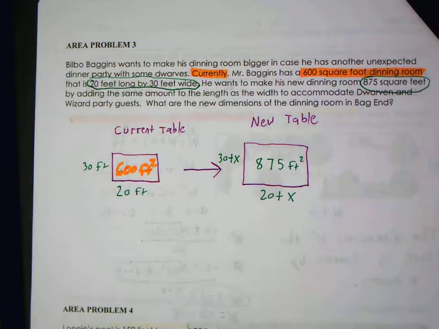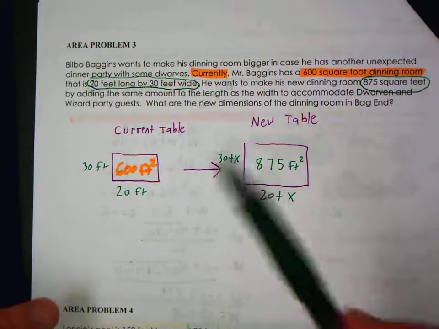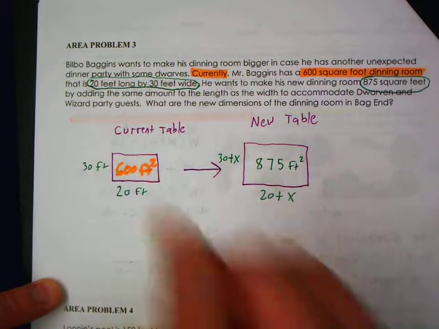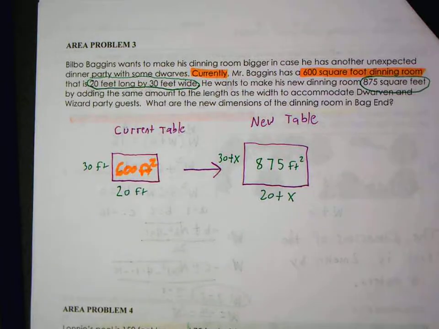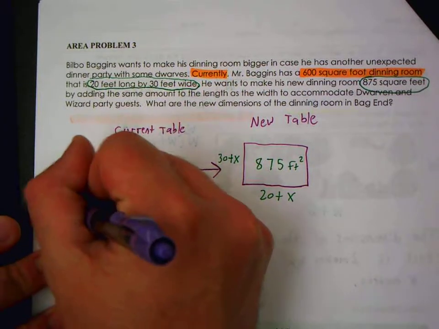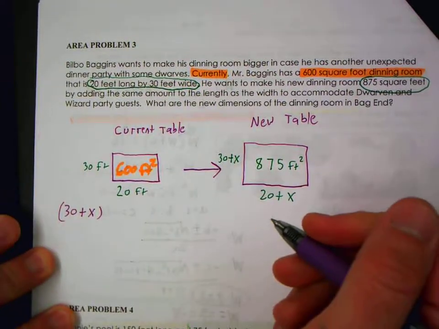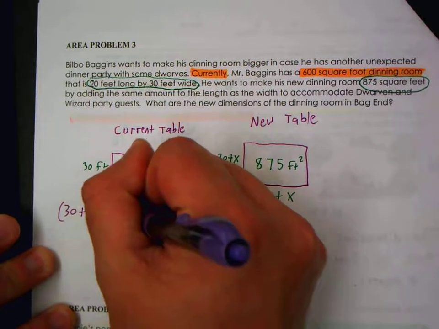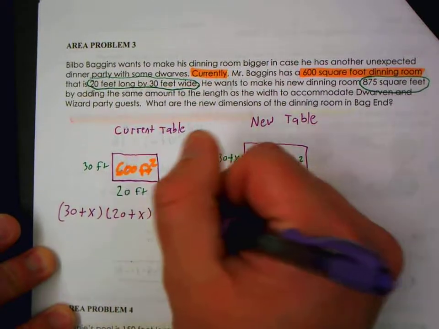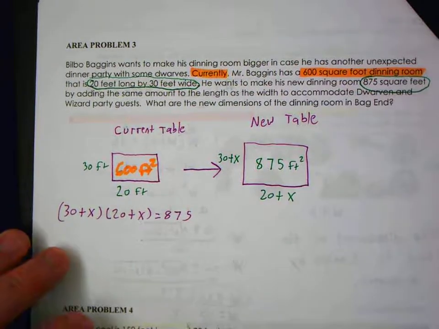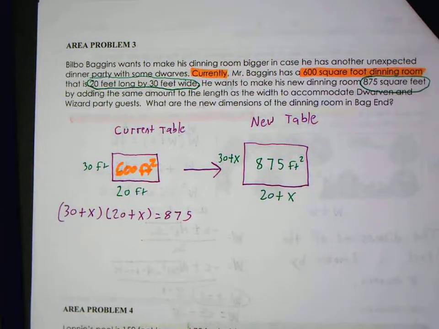What are the new dimensions? So now I have an area formula that says 30 plus x times 20 plus x is 875. And for whatever reason, it bothers me having the number before the x.